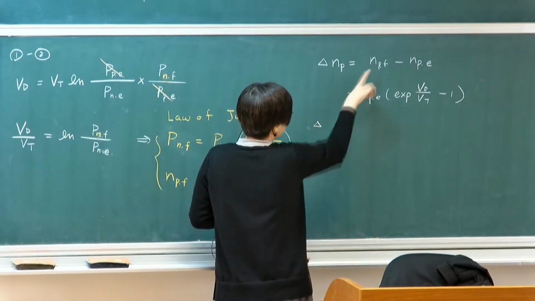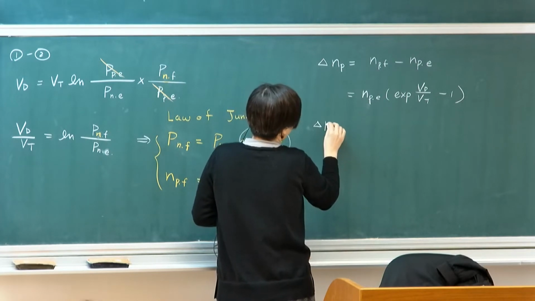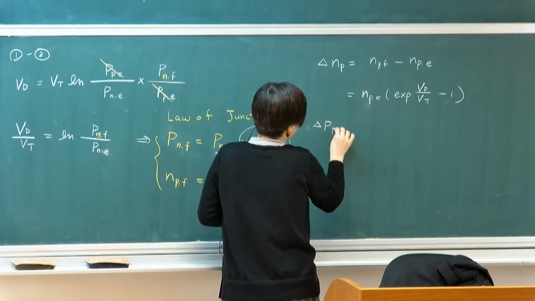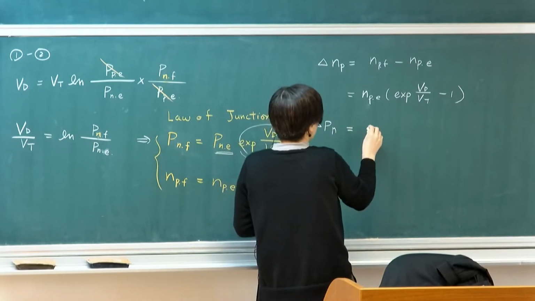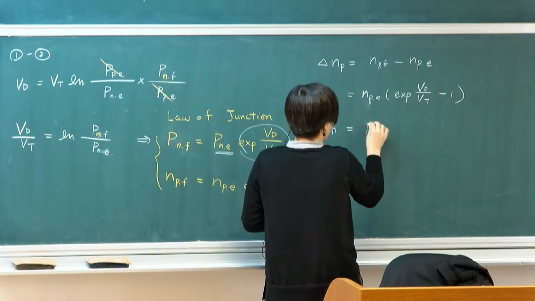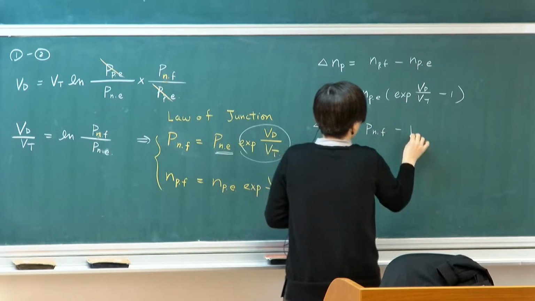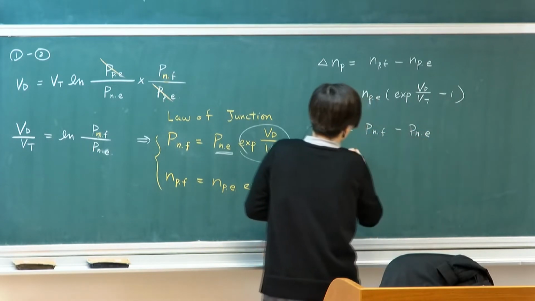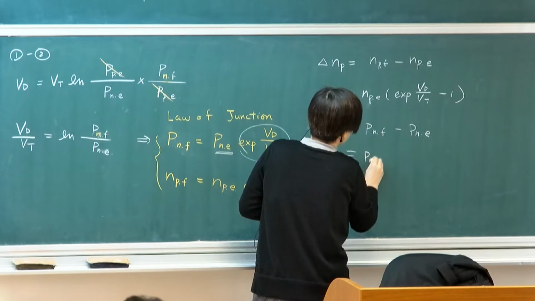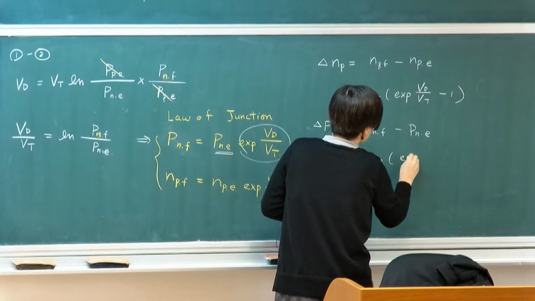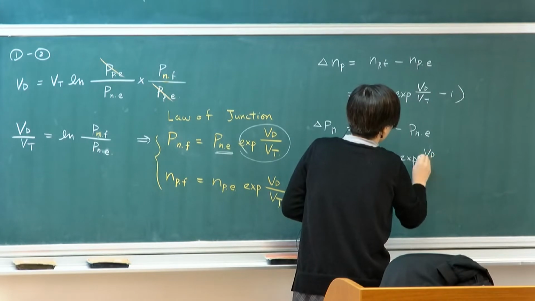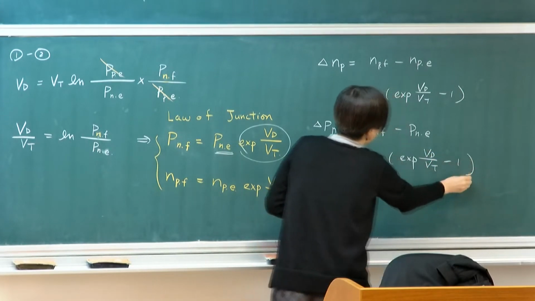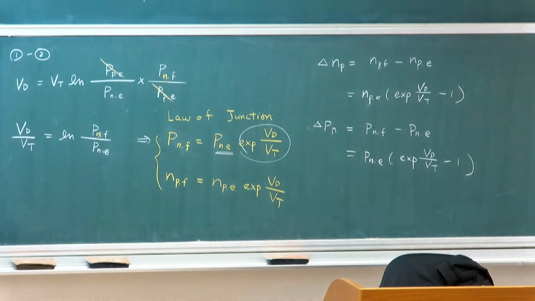And at this forward-bias location, the excess holes in the n region is p_nF minus p_nE, which is p_nE times exponential of V_D over V_T, minus 1. Okay? So once we have these excess minority concentrations, the next thing is how much does it diffuse?